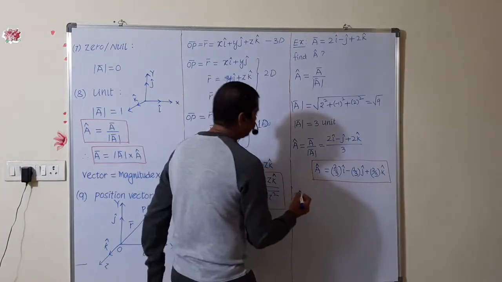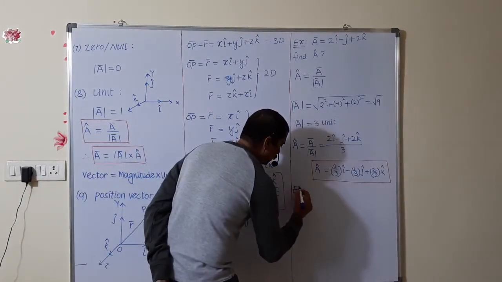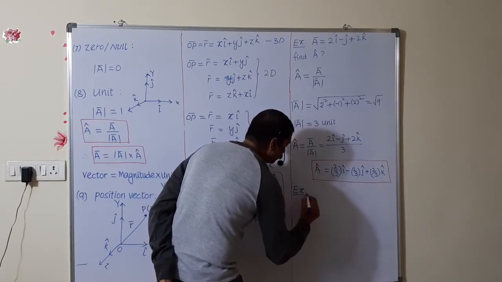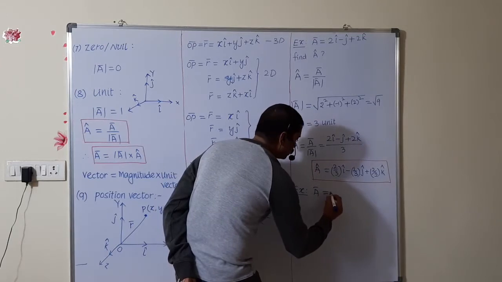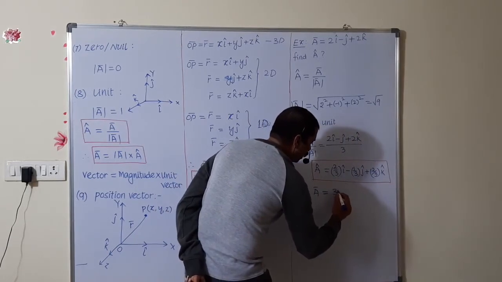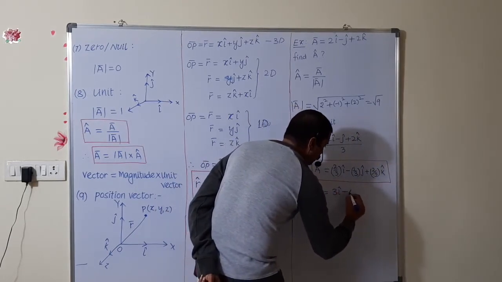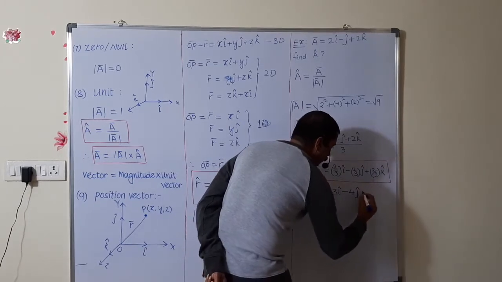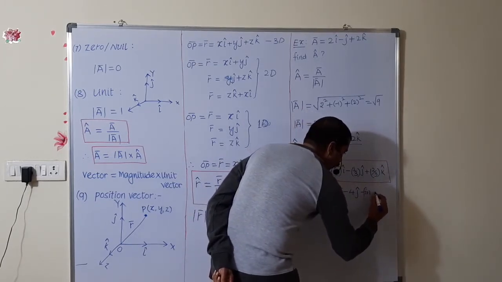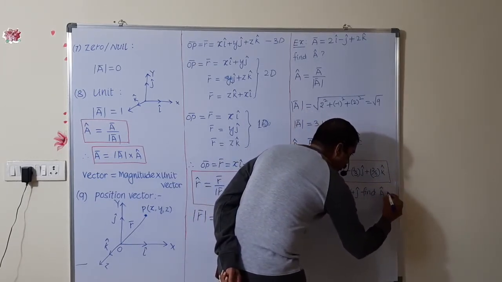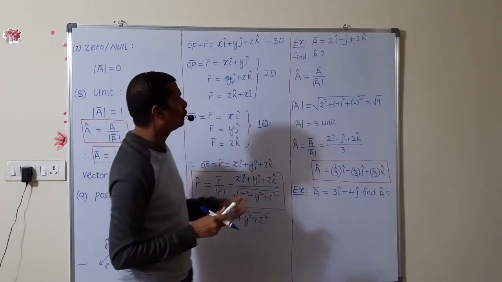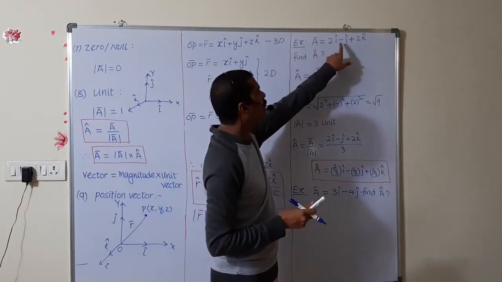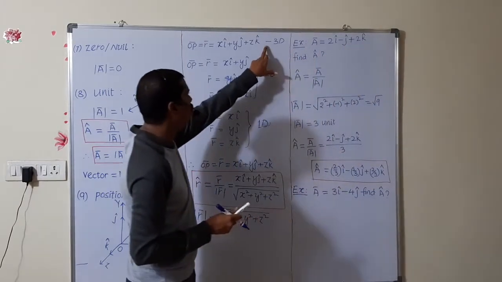Now we will solve some other example. Here another vector is 3i cap minus 4j cap. Now find the unit vector. If you observe, i, j, k means three-dimensional motion.